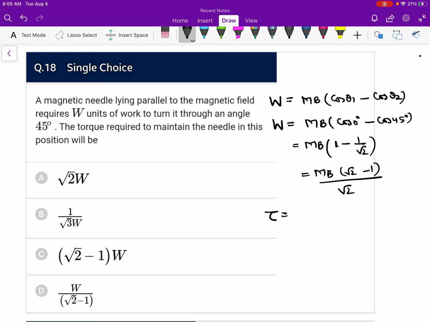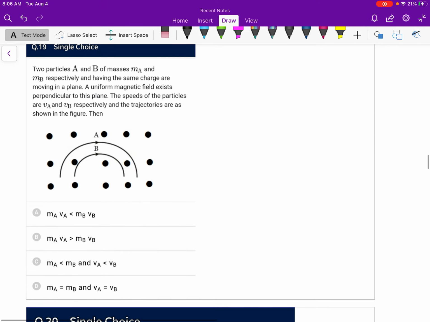Now torque at 45 degree is MB sine 45, which is MB by root 2. So comparing the above two expressions, W is tau into (root 2 minus 1), or tau is W upon (root 2 minus 1). So D is the correct option.